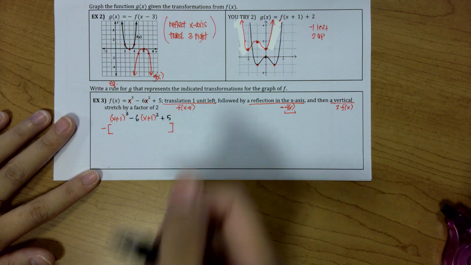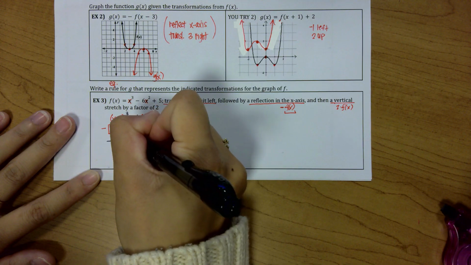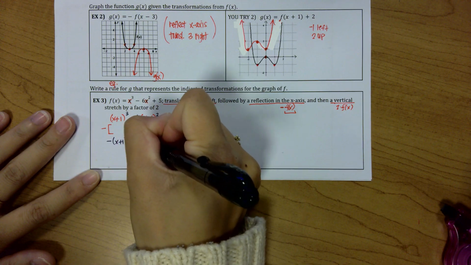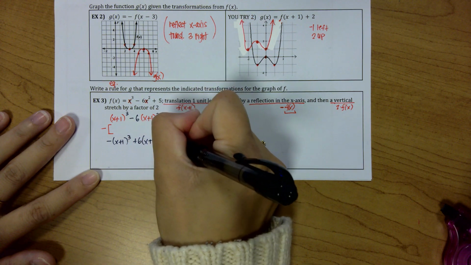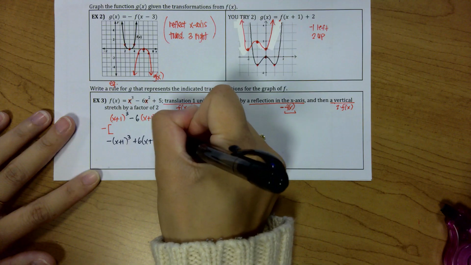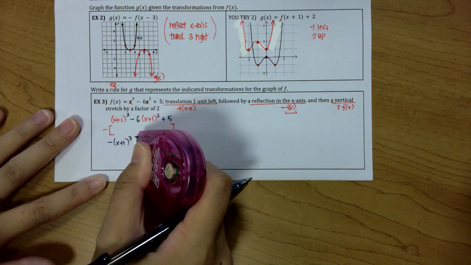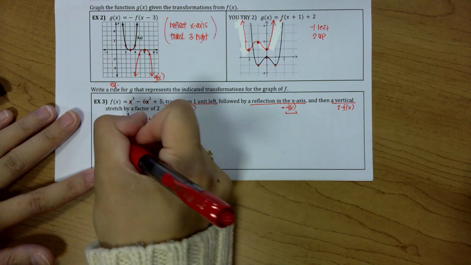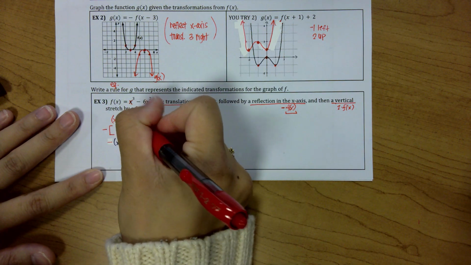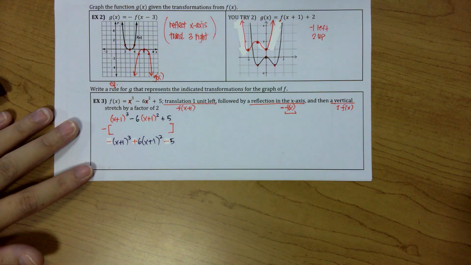So my next line will be negative x plus 1 cubed plus 6 times x plus 1 squared minus 5. Okay, so maybe I'll use red to identify what changed here. So there's now a negative in front. That negative became a positive 6, and that positive became a negative 5.